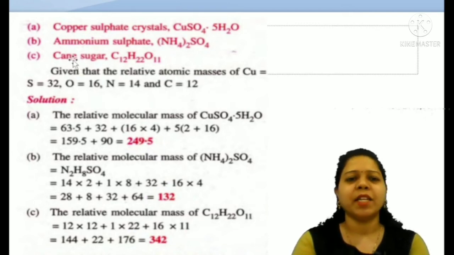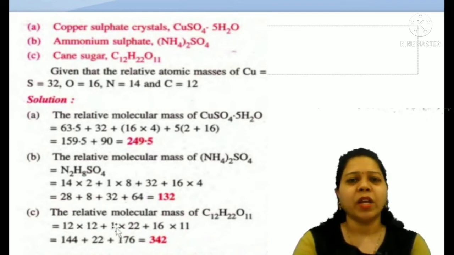We'll see one more example, that is cane sugar. The formula for cane sugar is C12H22O11. Relative molecular mass of cane sugar: how many atoms are here? Carbon 12. 12 atoms of carbon are here, that's why 12 into 12. Mass of 1 carbon is 12.